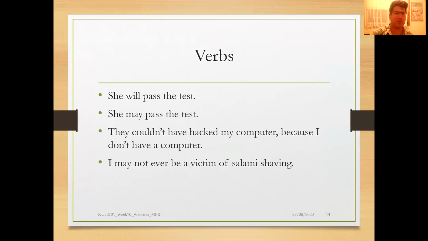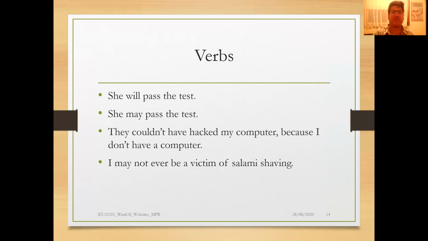Okay, so let's have a look at some examples. So for the verbs, she will pass the test. Okay, so that is certain. She will pass. She may pass the test. So it's possible that she will pass, but it's not certain.